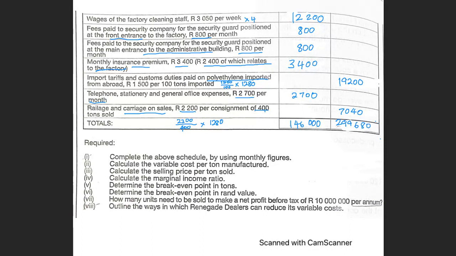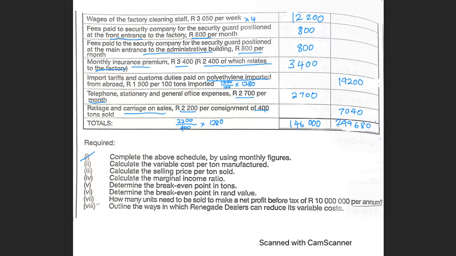So now, that was question 1 complete. Now we're able to use the figures that we have calculated and put them into the respective formulas to calculate whatever they had asked us for.